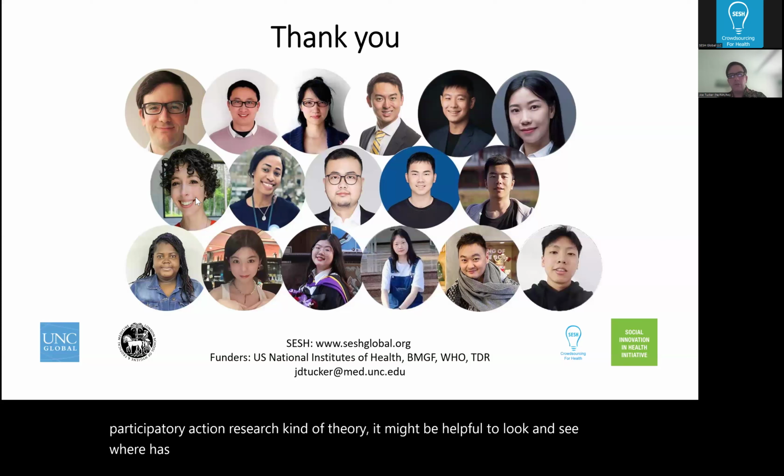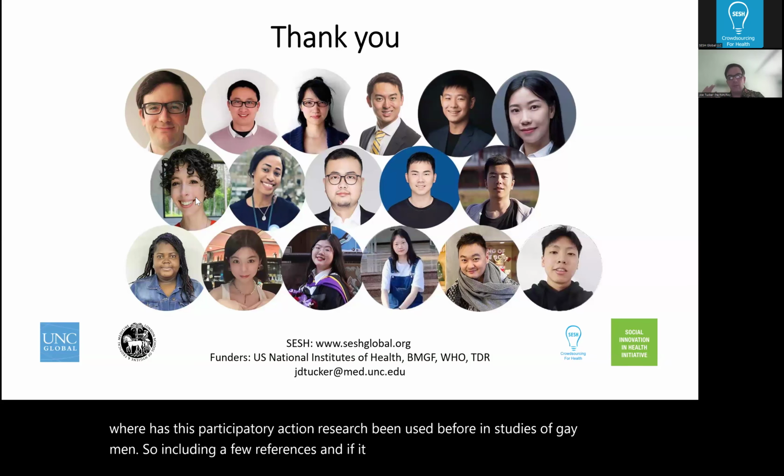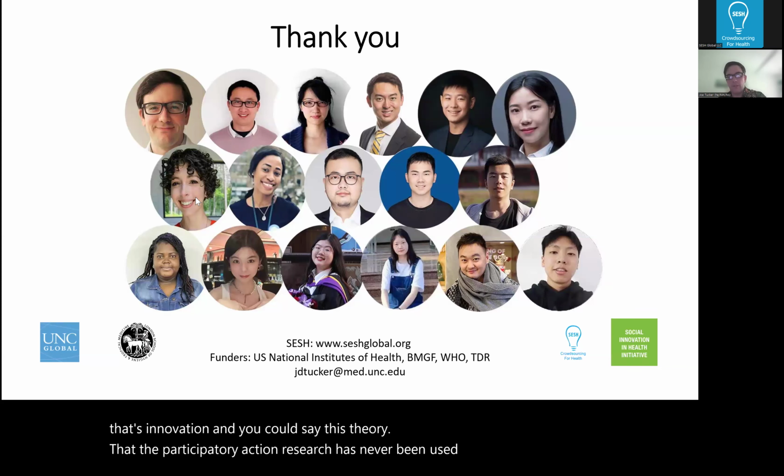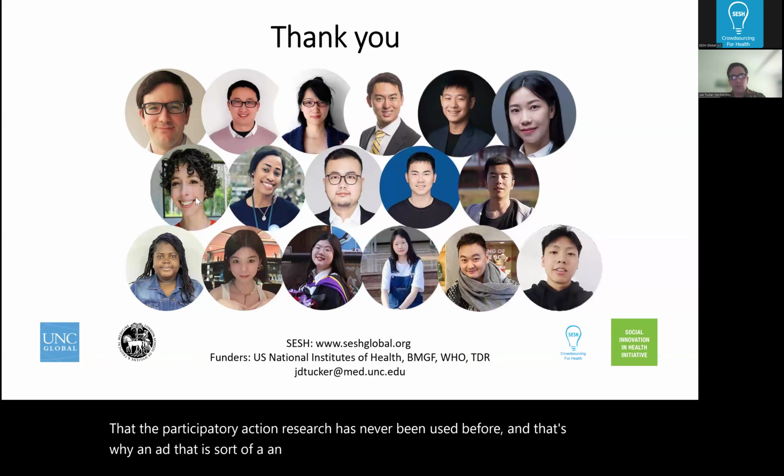So including a few references. And if it hasn't been used before, maybe that's innovation. And you could say, this participatory action research has never been used before, and add that as an additional point about the innovation.